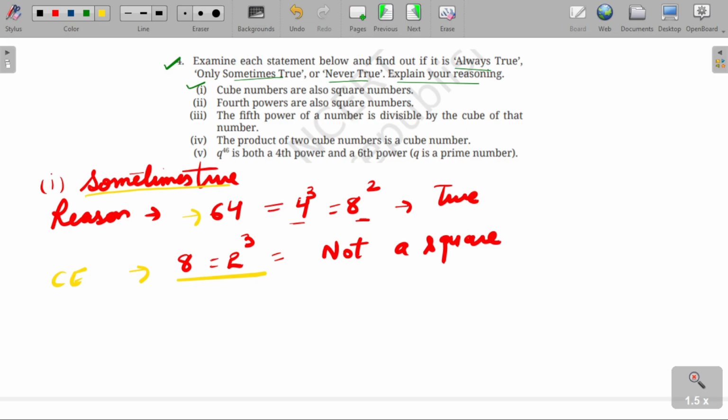Now moving to the second part. What is the second part saying? They are saying fourth powers are also square numbers. Let's see this. So this is true. This holds always. This is always true. How? What's the reason behind this?